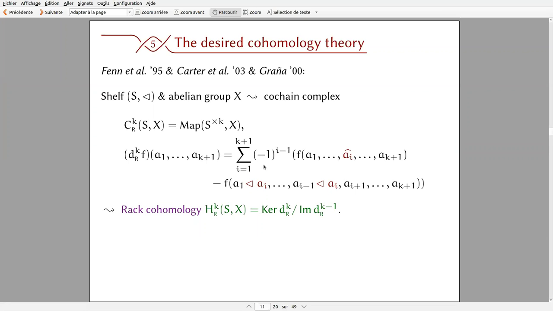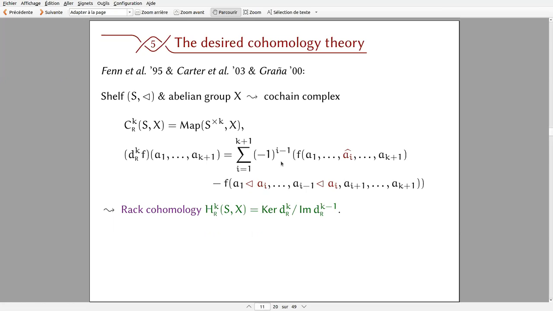To do this, you can do a number of things. You can, for example, throw away one of the entries, so it reduces the number of entries, which is nice. Or you can do something more involved. You can throw away an element and at the same time make it act on all the preceding elements by this formula.